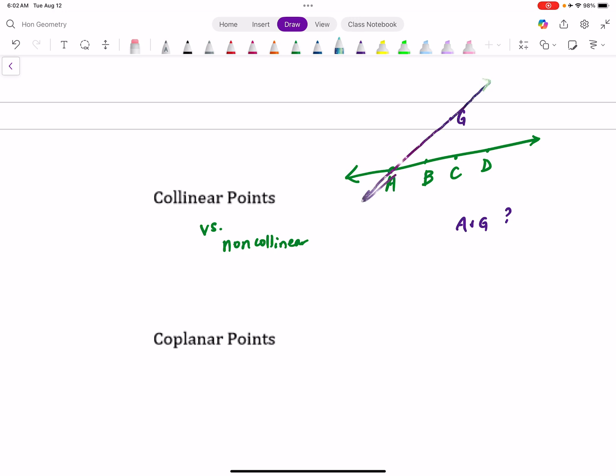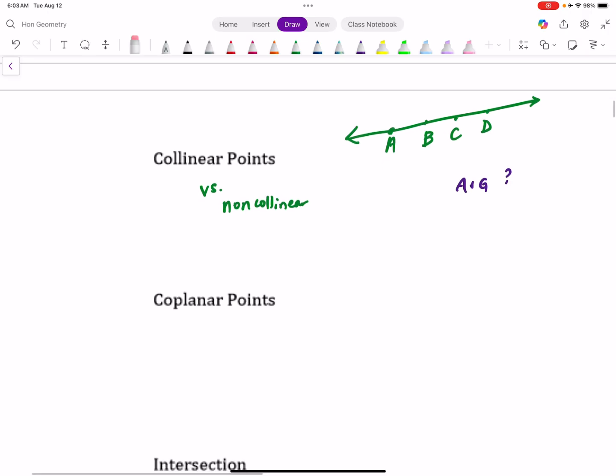Any two points are collinear. It doesn't have to be drawn in. It's just a question that most people who aren't thinking about it correctly miss. If the question is, are these two points collinear, the answer is always yes. There's no way that you can't draw a line between two points. I don't care where they sit. So that's the difference there.